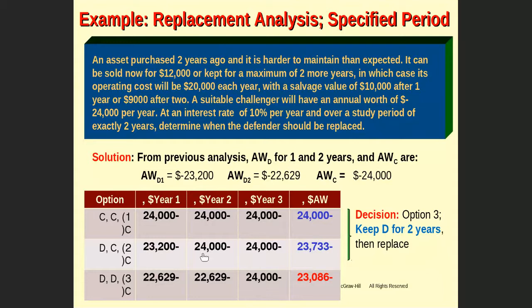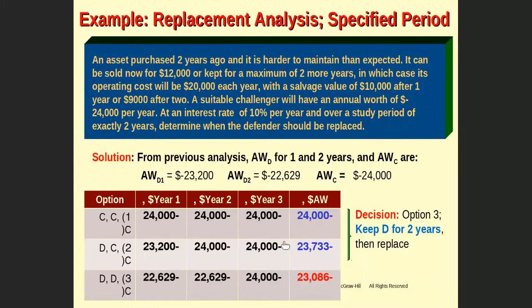If we decide to keep the defender for the maximum of 2 more years, as stated in the example, the defender will be kept for year 1 and year 2, and in that case we will have the annual worth for the 2 years of keeping the defender, which is 22,629, and the challenger annual worth cost will be introduced on year 3.